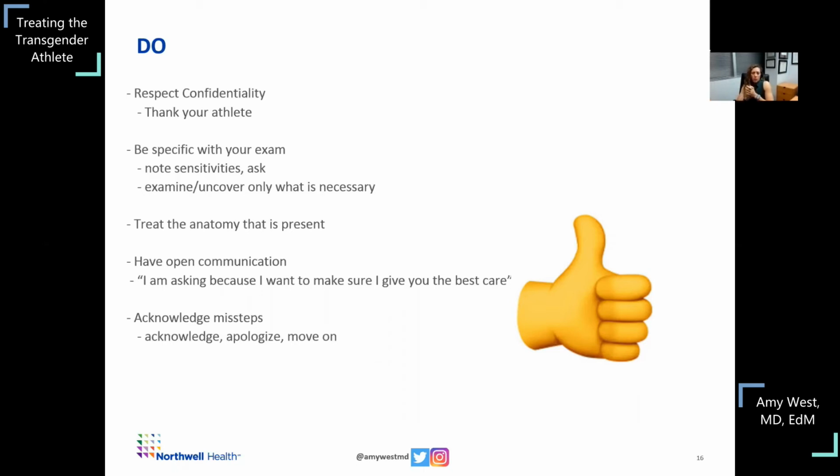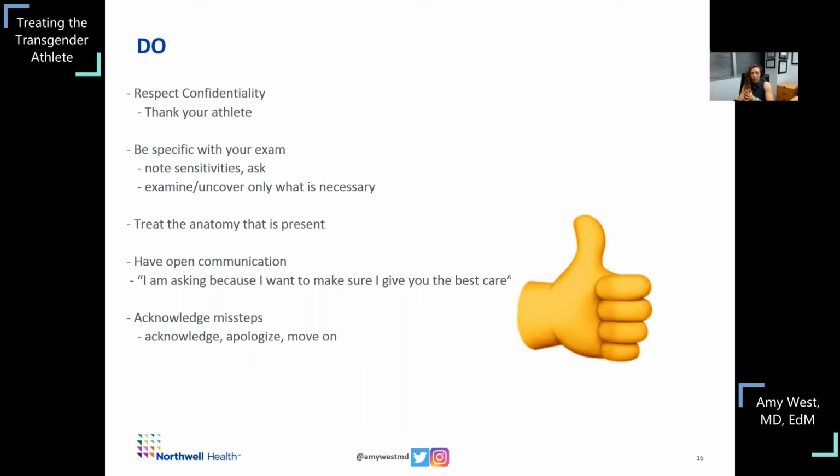And a tip that I've received from a transgender athlete is that if someone comes out to you as transgender, something that's really nice to do is to thank them for telling you that. So, "Thank you so much for telling me. I appreciate you sharing that with me." That actually goes a really long way. So that's another good tip.